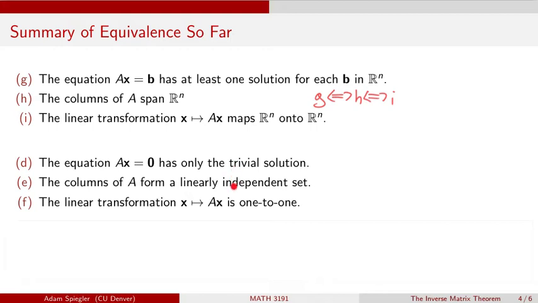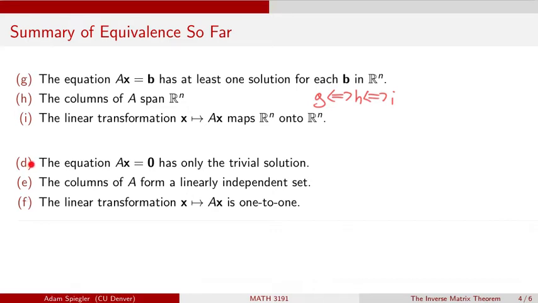So D implies E and E implies D, and we can similarly work F into this discussion, where if we think about A as a map, a linear transformation, we've also discussed previously that if this matrix equation AX equals 0 has only the trivial solution if and only if this linear transformation X to AX is a one-to-one map. So statements D, E, and F are all equivalent with each other.